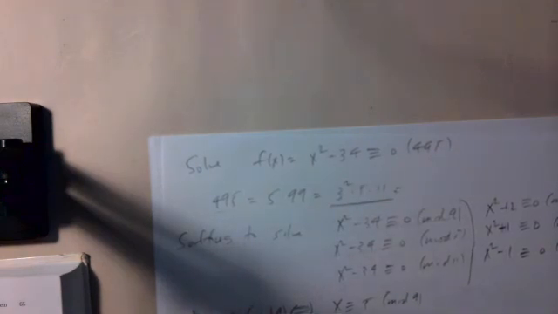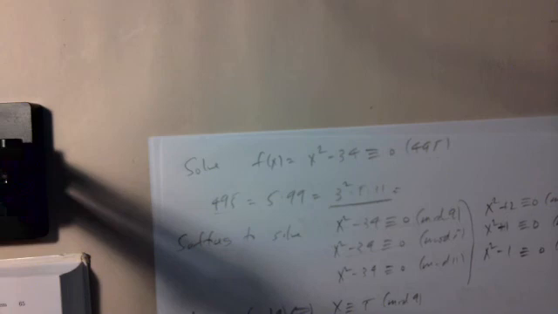X squared plus 1 is congruent to 0 mod 5. Let's see, 4 plus 1 is 5. So if I take x equal to 2, x congruent to 2 mod 5. X squared minus 1 congruent to 0 mod 11. So x squared is congruent to 1 mod 11. Let's see, what are the squares? Well, yeah, I could just take x equal to 1.